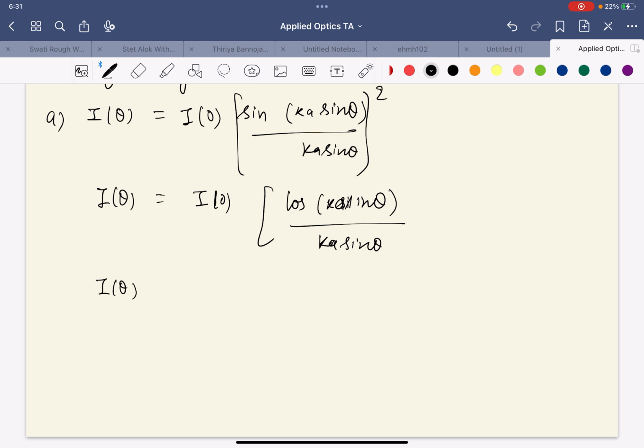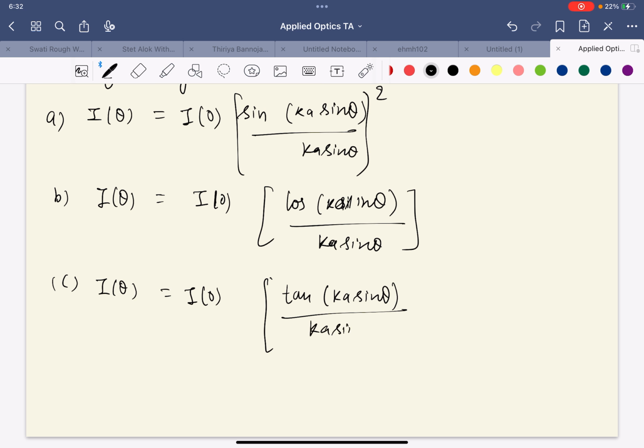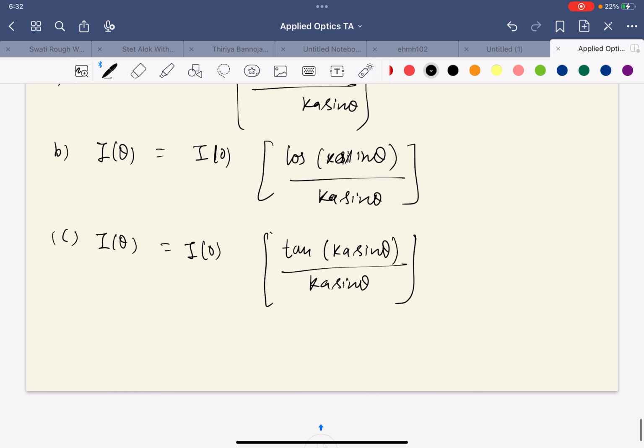And the third option is tan(ka sin theta) by ka sin theta.